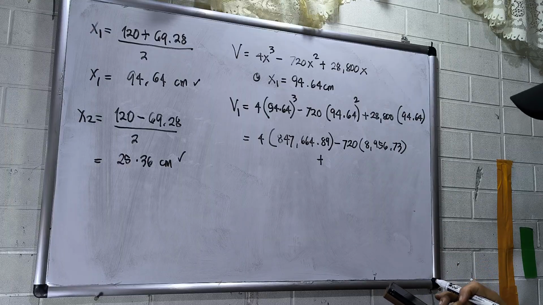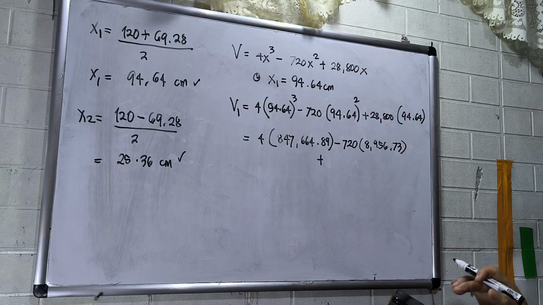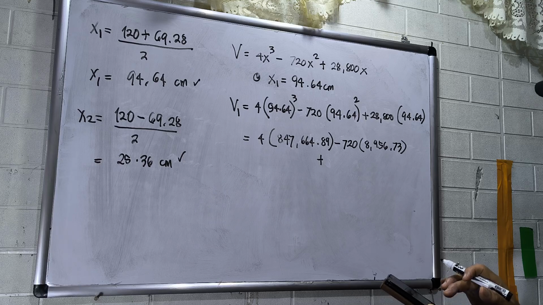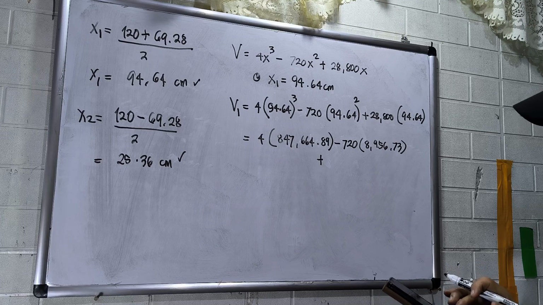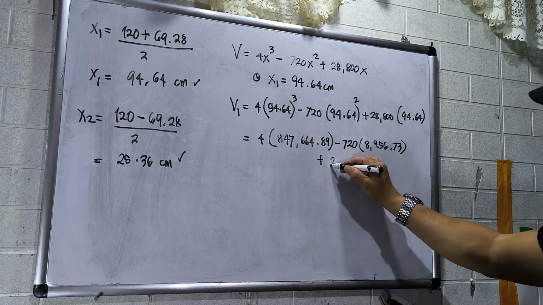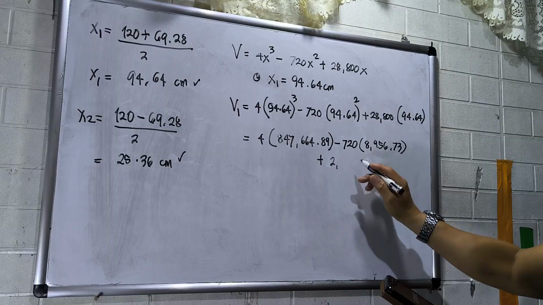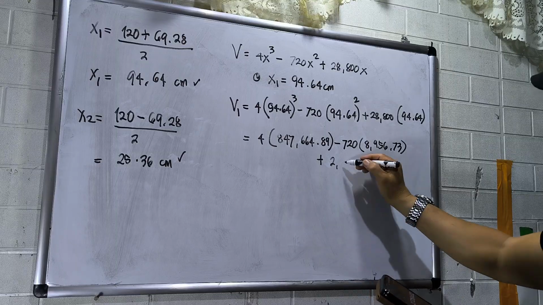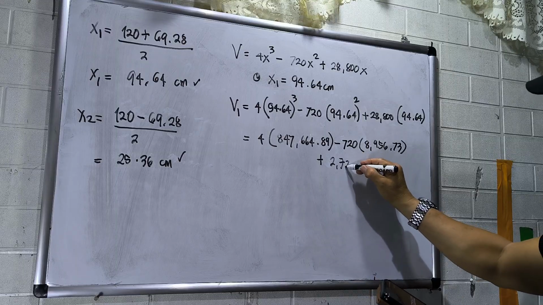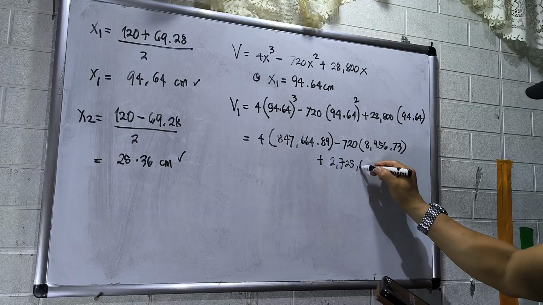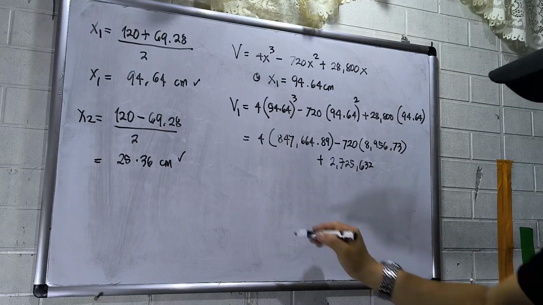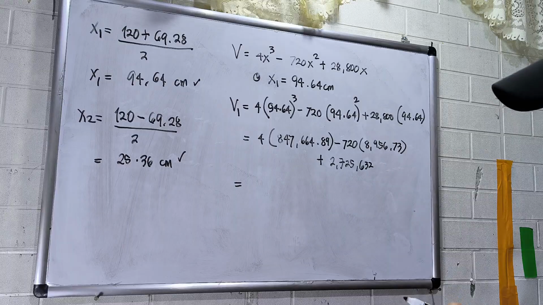So 28,800 times 94.64. So this will be 2,725,632.